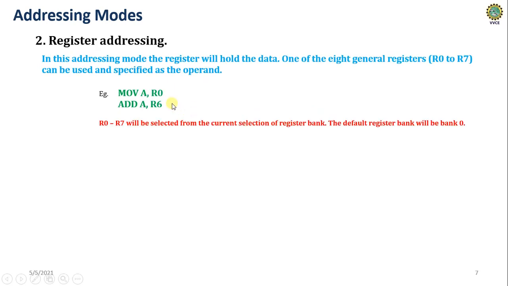In register addressing mode, the source data is always held by one of the eight registers from R0 to R7. The destination is register A, so you move the data from R0 to register A, and from A you can move it to any other registers. So this happens between register and register, that means source to destination will be registers. I hope you are clear with this.